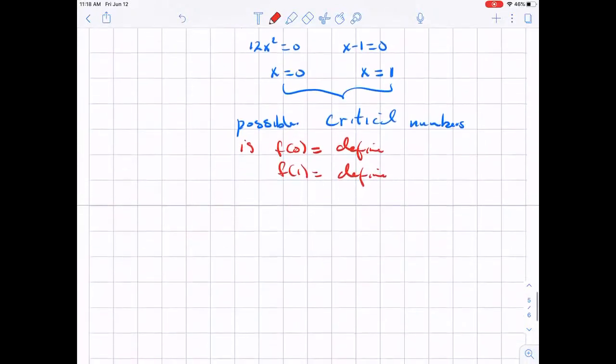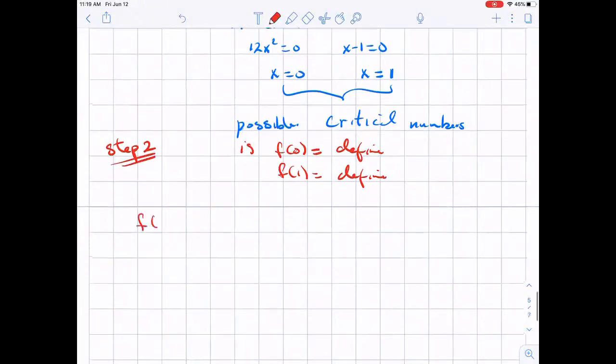so what is f of 0? This is really step 2. F of 0 would be 0. And f of 1 would be -1. So they are defined.